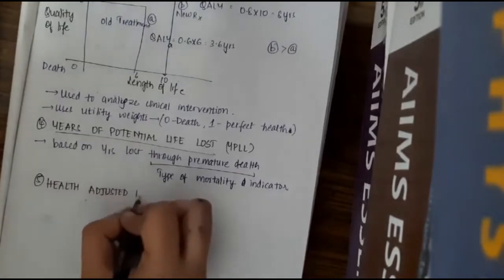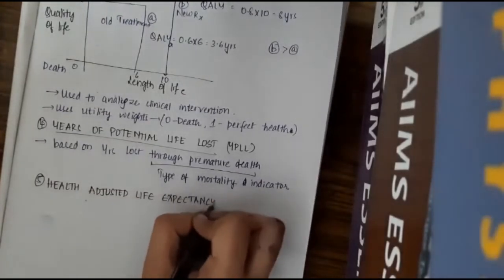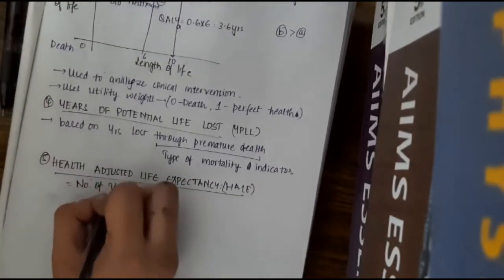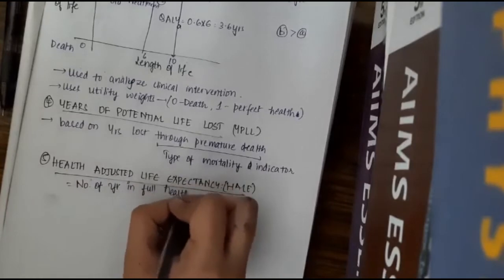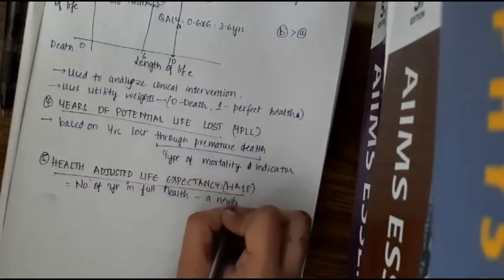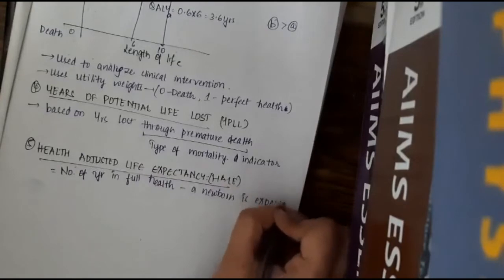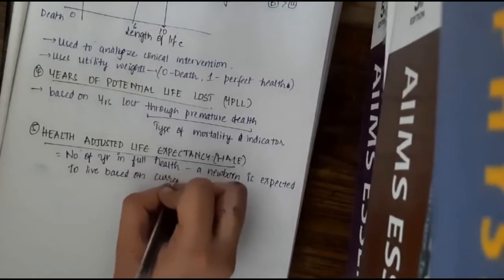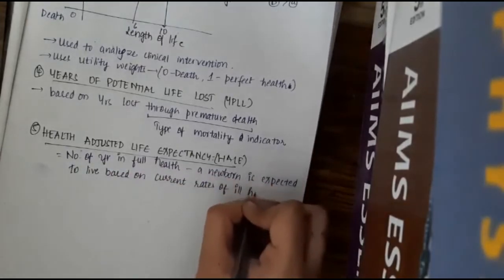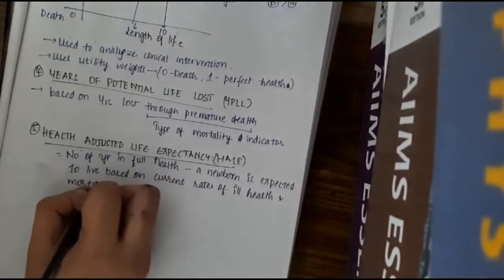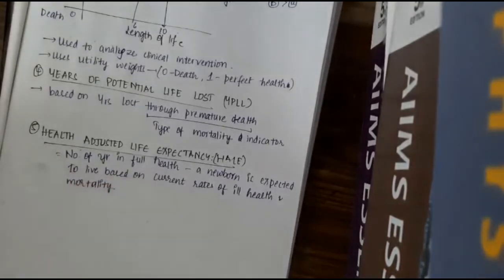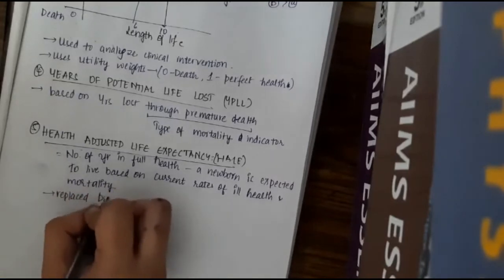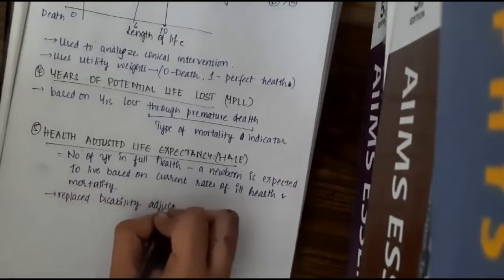Then we have health adjusted life expectancy, which is the number of years in full health that a newborn is expected to live, based on current rates of ill health and mortality.